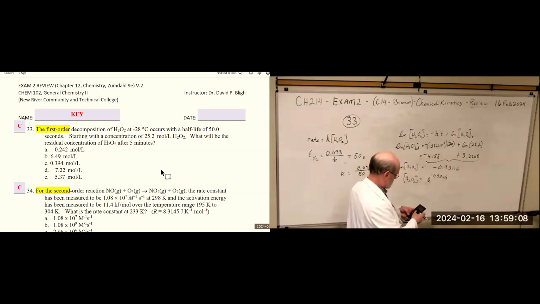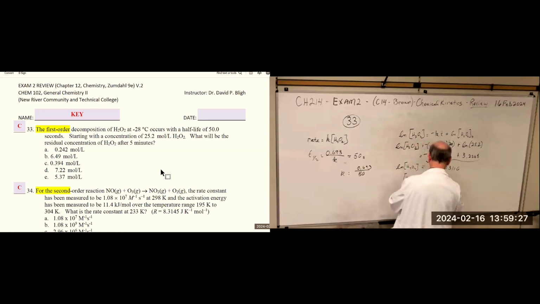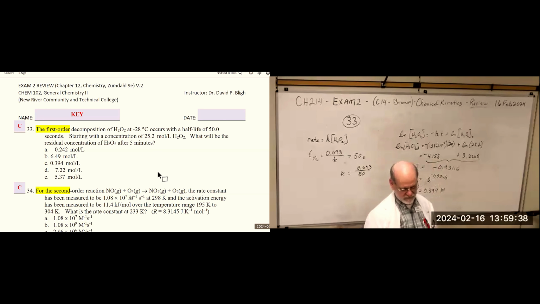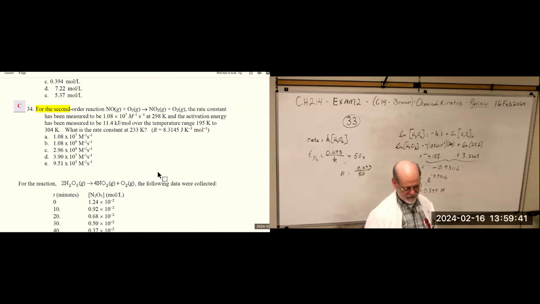I get this concentration now, H2O2 after 300 seconds, is 0.39. We started off with 394 molar. So the answer is C. We're good? Good. All right.